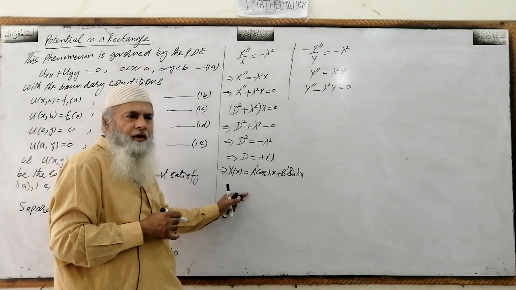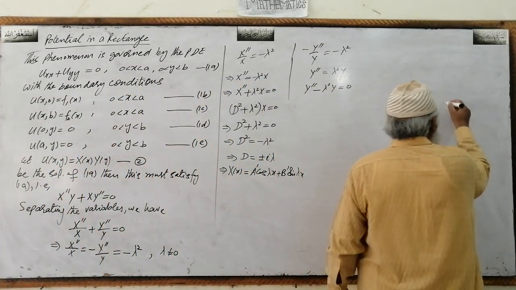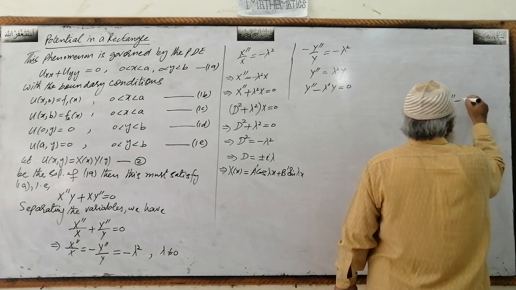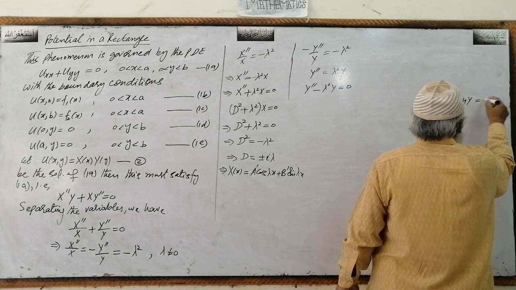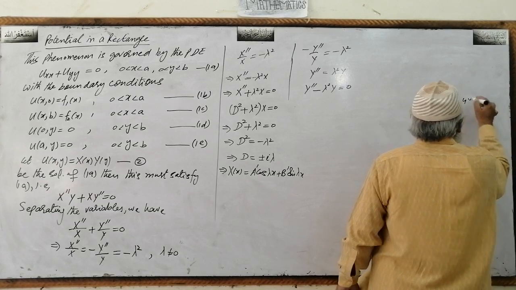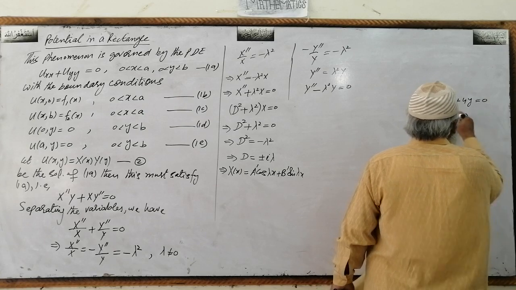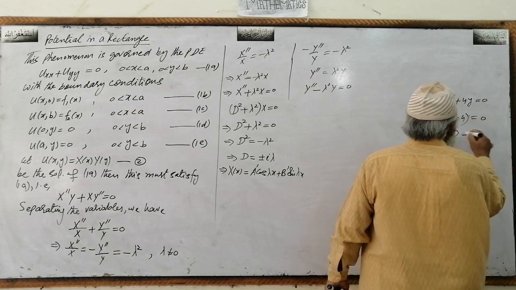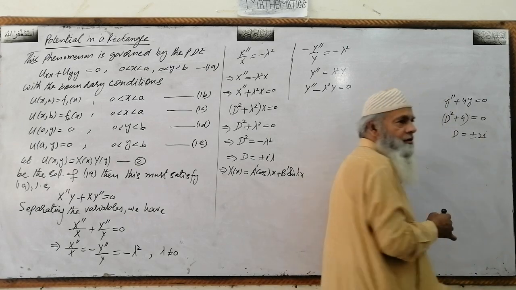Understand how this becomes. When you solve the second order differential equation y double dash plus 4y is equal to 0, its auxiliary equation is D square plus 4 is equal to 0, and D is equal to plus minus 2 iota.